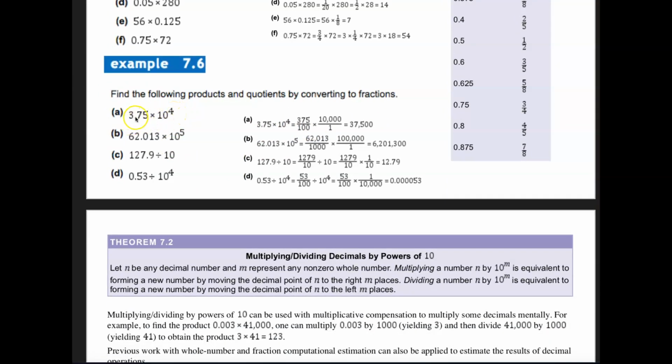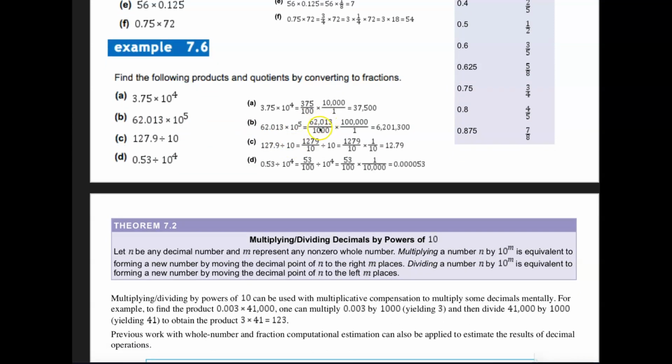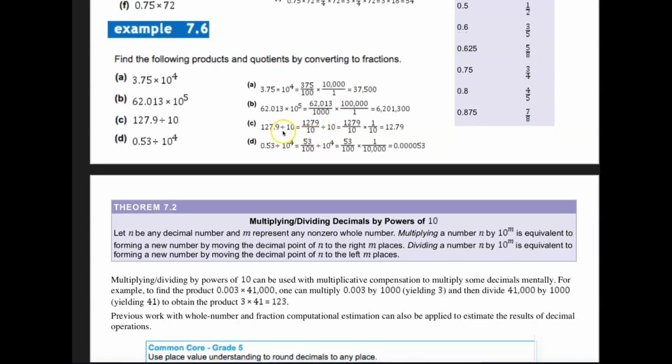Now what we do is convert this decimal to its equivalent fraction. 10 to the power 4 is 10,000 over 1, and then we can multiply. Same thing here: 62.013 times 10 to the power 5. Turn it into its fraction. This is thousandths times 100,000, and then you can simplify, cross out zeros, add the zeros, and you get your answer. So this is one way to think about it.